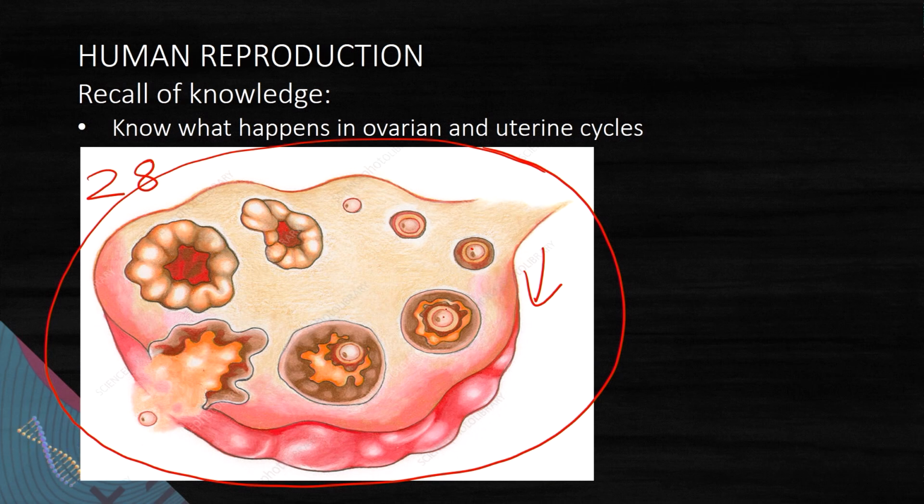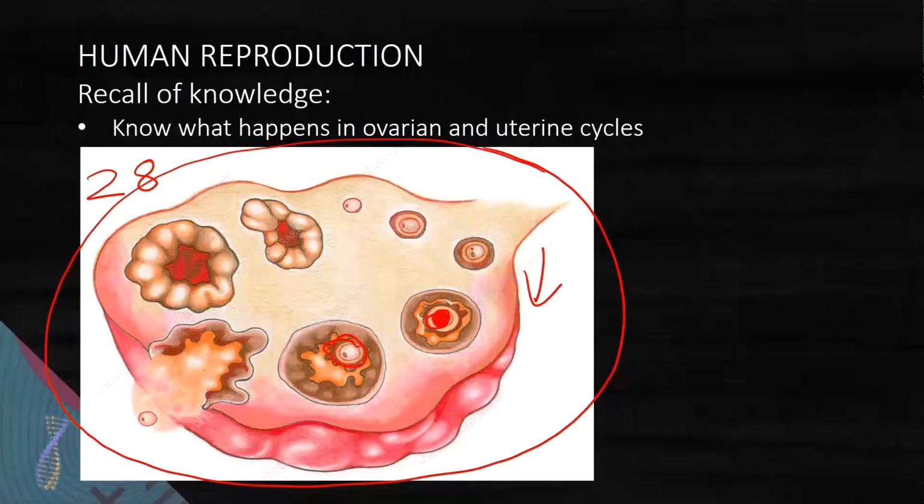That's where the follicle starts developing with the ovum to be, or the oocyte inside it. Meiosis occurs because remember the ovum has to be haploid. It has to have half the number of chromosomes, and this is a Graafian follicle. At that stage, the ovum has been formed and it is ready to be released in the process of ovulation.